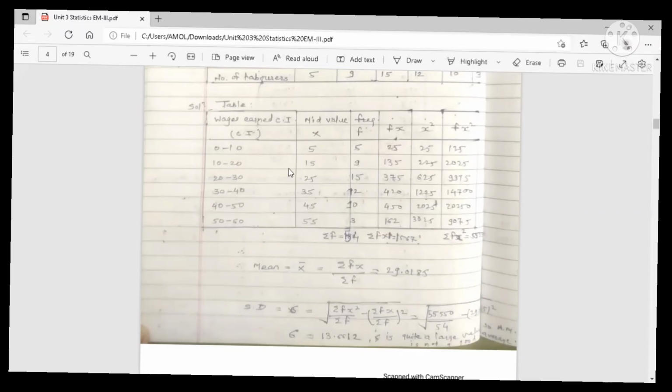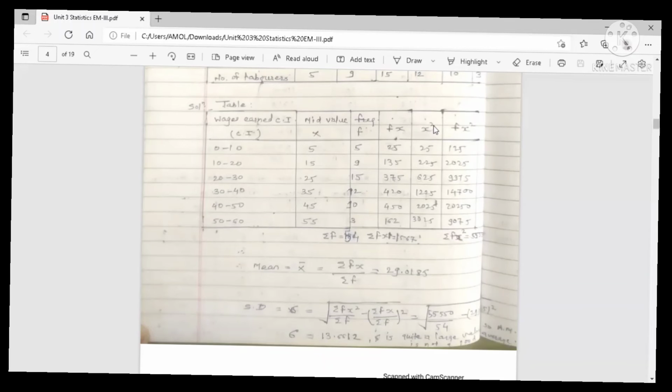Means when class intervals are given, then in that case, you find a mid value. That will be the observation column. Then the corresponding frequencies are here: 5, 9, 15, 12, 10, 3. Already it is given in the example. Then the next column is f into x, frequency into the observations column.